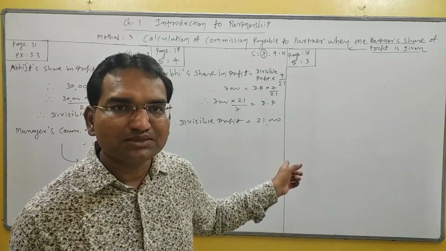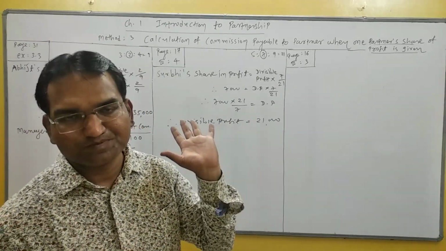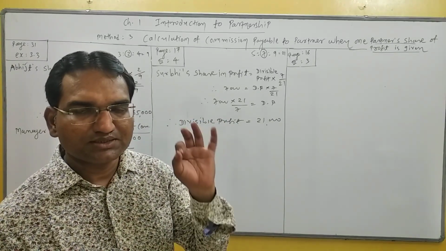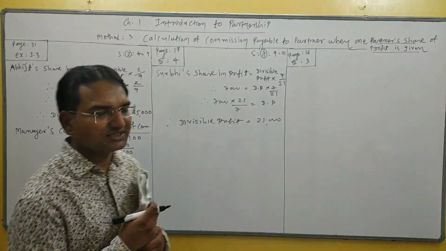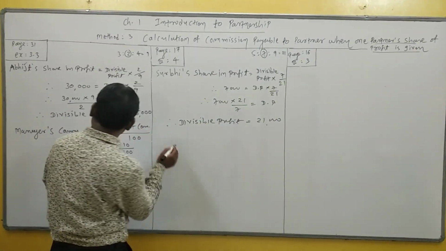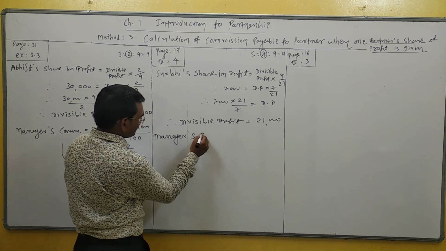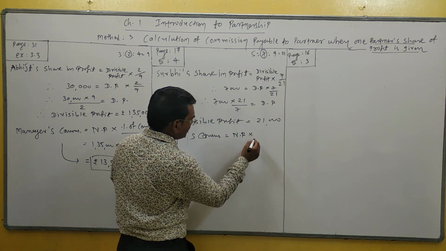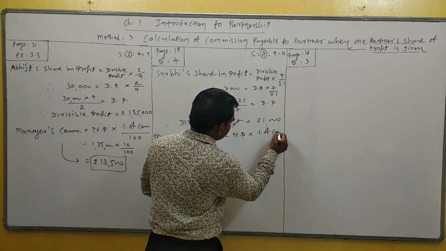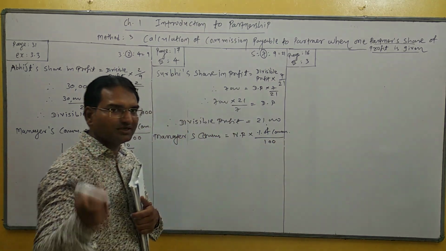That means this profit arrived after deducting commission, and the condition is the manager is entitled to get 10% commission on profit after deducting such commission. So manager commission is equal to net profit into percentage of commission divided by 100. Remember that 100.